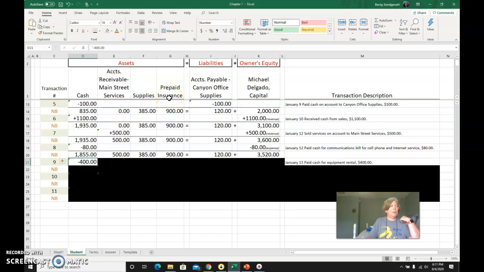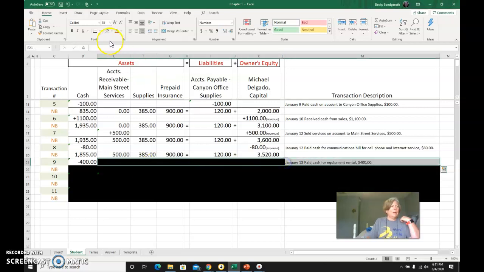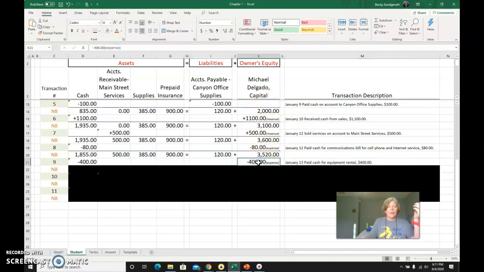Nothing's happening to prepaid insurance. Nothing's happening to owing someone on account. So it has to be a negative again on capital, and it's not a withdrawal by the owner, so it has to be an expense, a cost of business, equipment rental. It's rental expense, so going down 400.